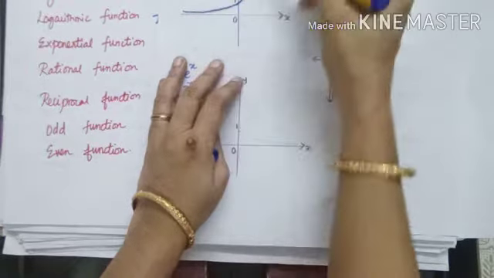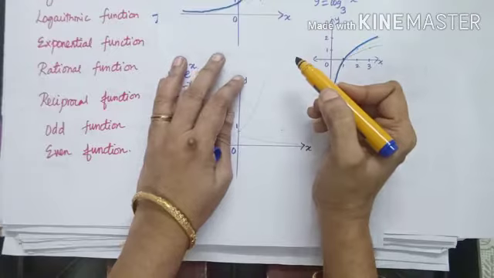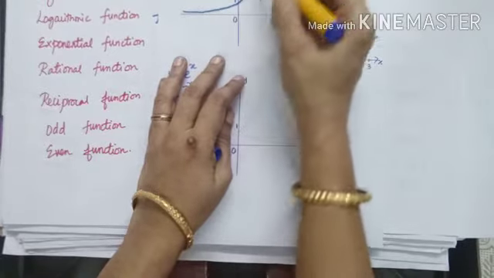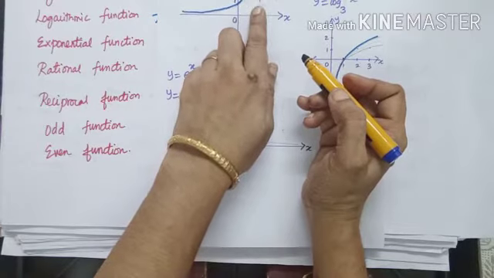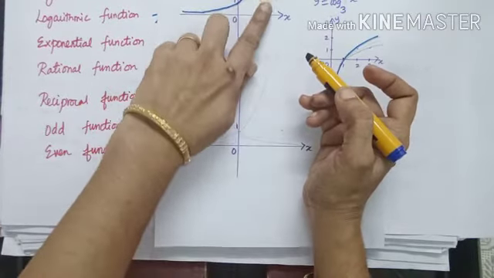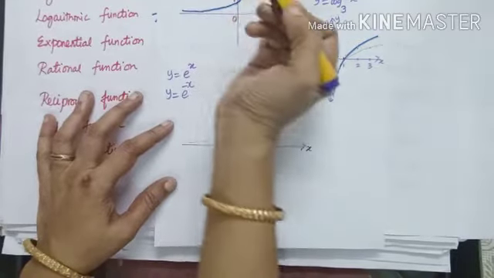The remaining we can draw like that. And remember, when it is 2 power x, it will be near the x-axis. When it is 3 power x, it will go away from the x-axis. So as the number increases, it will be away.